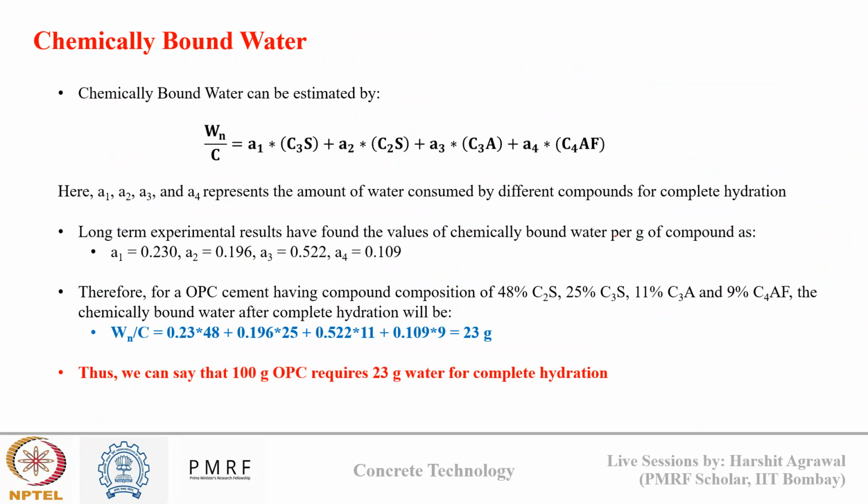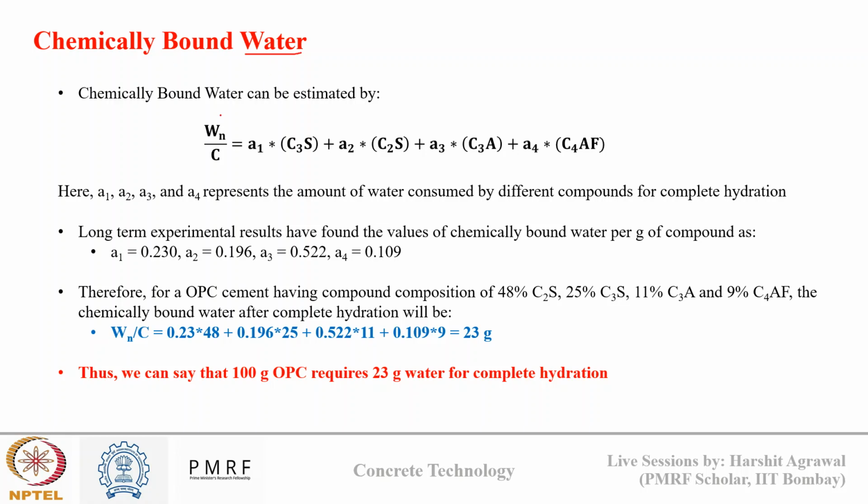Now, if we specifically talk about chemically bound water, this water is important from the hydration point of view. Why? Because it is the actual amount of water required by the cement to undergo complete hydration, since this is the water contributing in hydration.